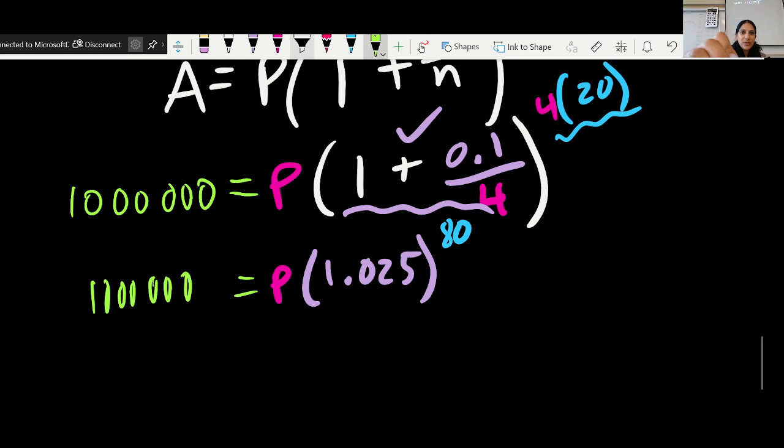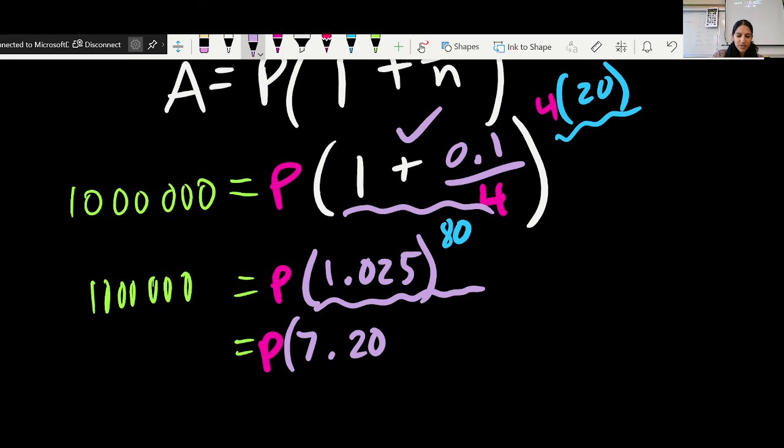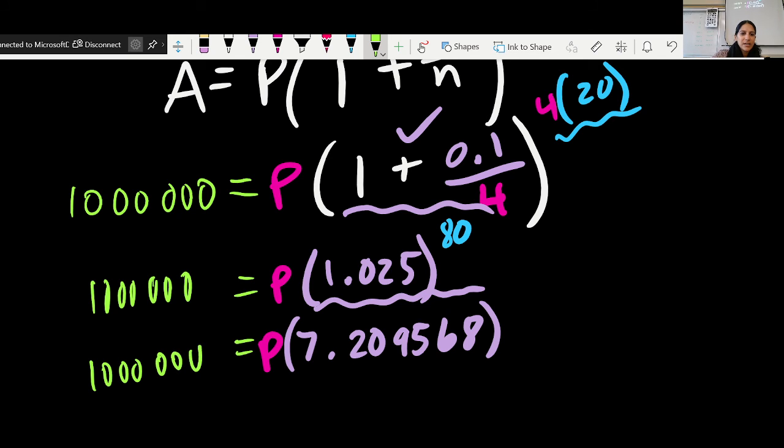Okay, so when we do all of this to the power of 80, we get P times, in brackets, 7.209,568. We could simplify that, like we could round it, but that's okay. I'll just write them all down. Equals 1,000,000.